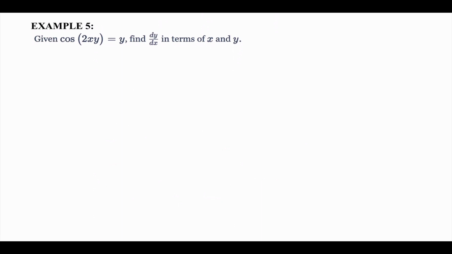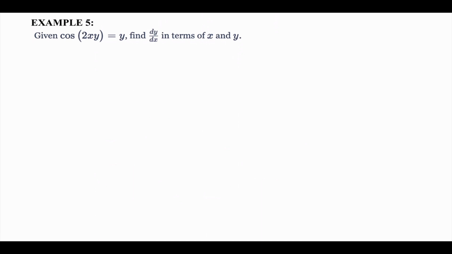So it has 2 parts. First part is the outside, then the inside. So we find the derivative of the outside first. The derivative of cosine, negative sine. Inside stuff stays, chain. Now you find the derivative of the inside, the 2xy. Use the product rule, just like we just did.